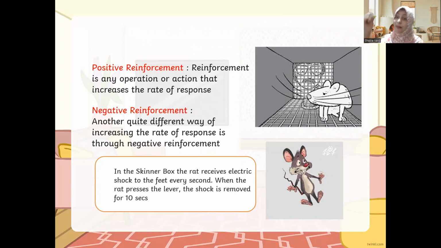Whenever the mouse pressed the lever, it could escape from the shock for 10 seconds. After many trials, the mouse learned to press the lever. So whenever a reinforcement is given, either negative or positive, we learn. That is operant conditioning.